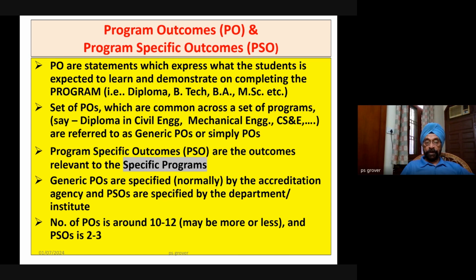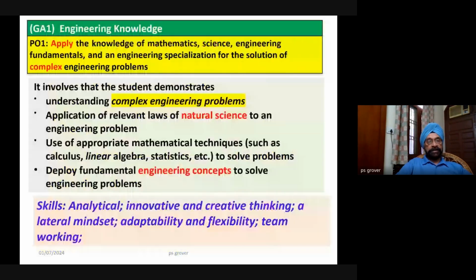Program specific outcomes are the outcomes relevant to a specific program. What I want you to appreciate is that the program outcomes are prepared keeping in view the graduate attributes we have, and these program outcomes help us to prepare the curriculum.